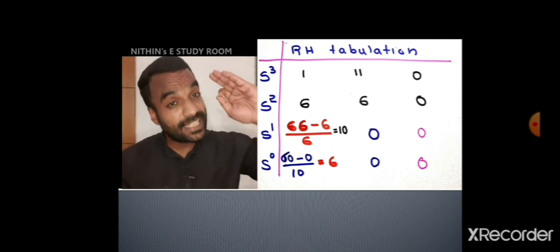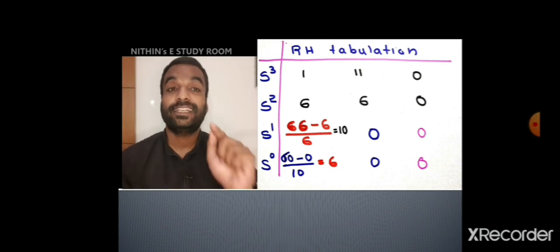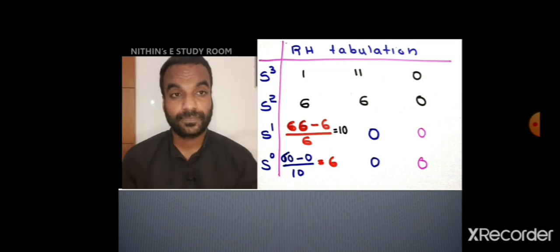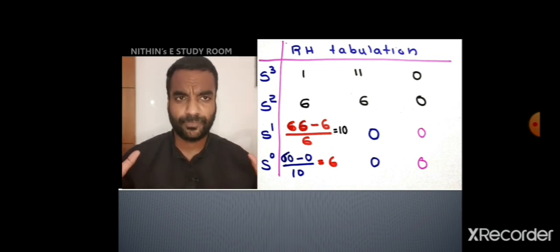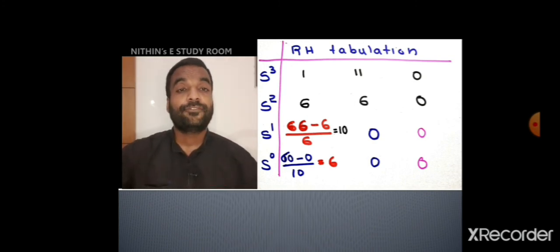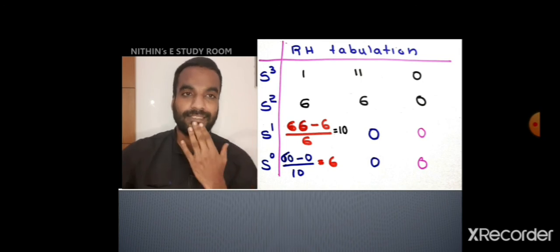If there is any zeroth row, meaning all elements are 0, then for the transfer function there should be some poles on the imaginary axis.